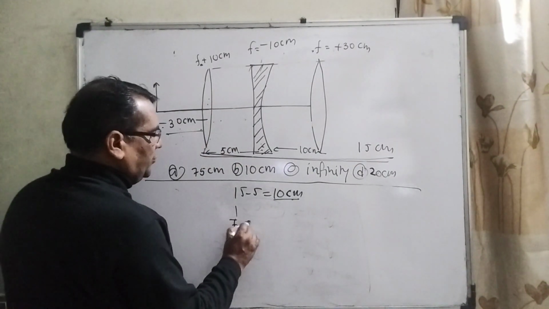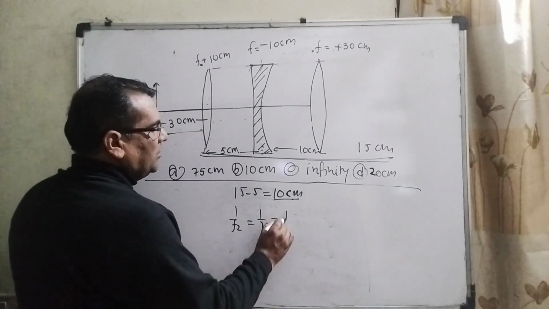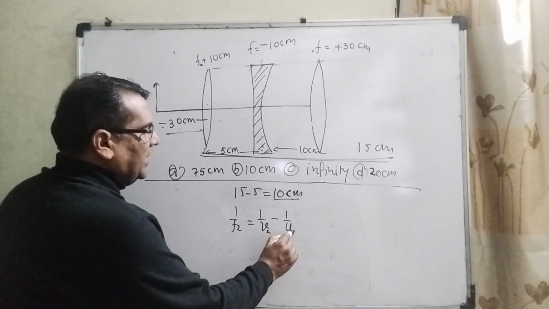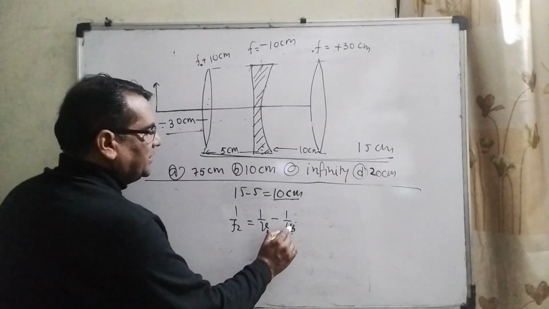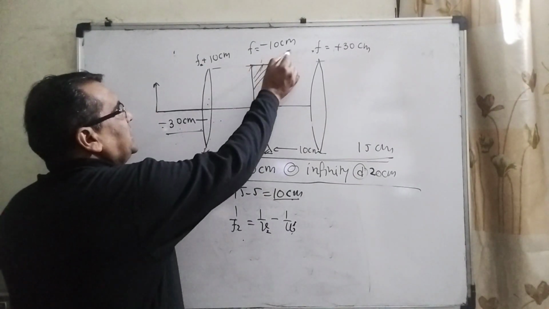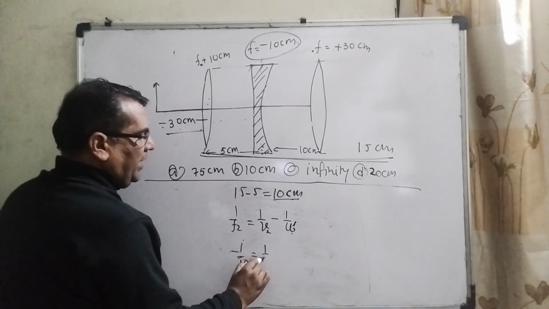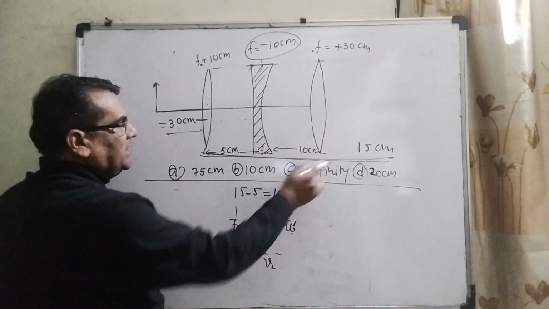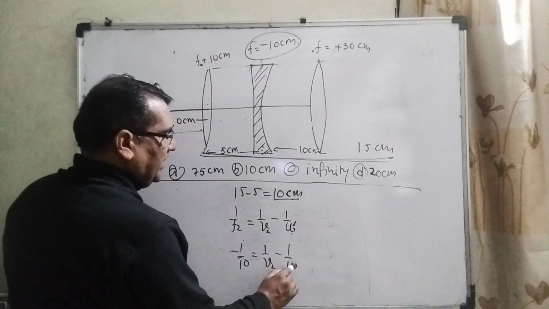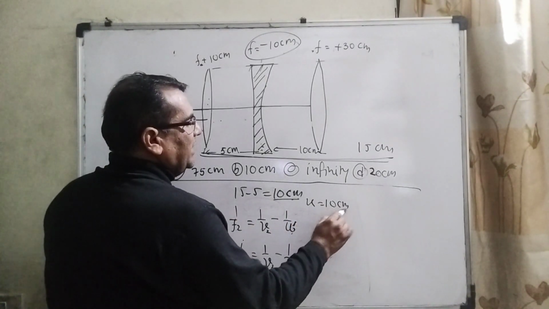Then 1 by f2 equals 1 by v2 minus 1 by u. Here you can consider u dash because this object is imaginary. What is f2? f2 is given as minus 10, so minus 1 by 10 equals 1 by v2 minus 1 by u, and this distance is 10 centimeter on the right side, so u becomes plus 10. Why plus 10?